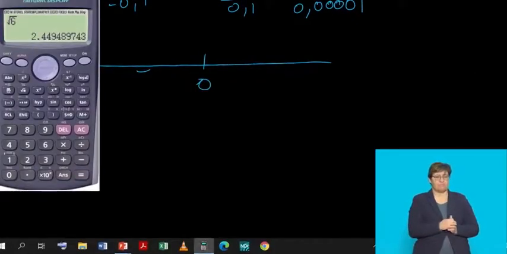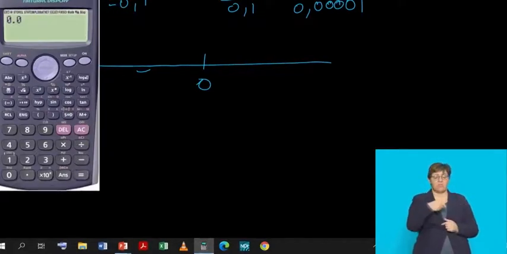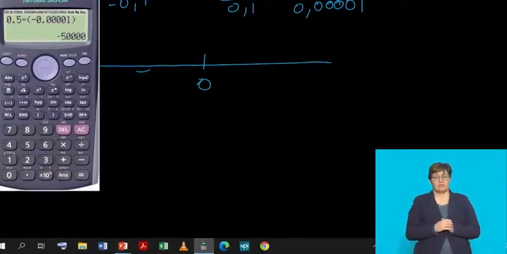So I'm going to have 0,5 divided by negative 0,1, and this will give me negative 5, right? And then we continue and say, what if I say 0,5 divided by negative 0,00001, and this will give me that.